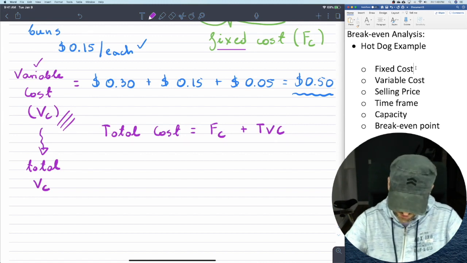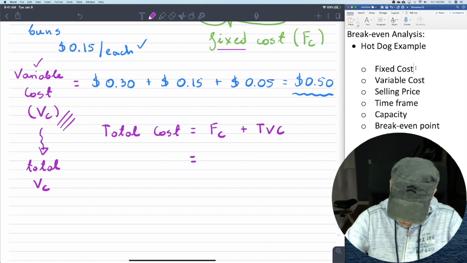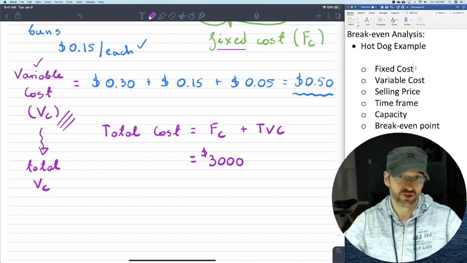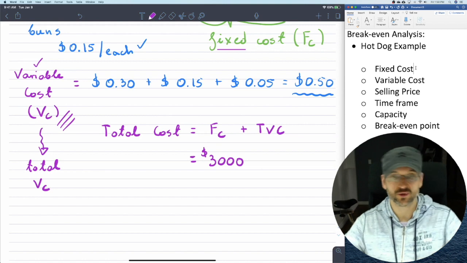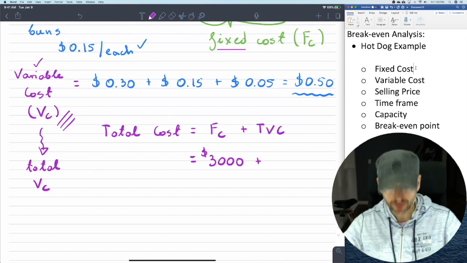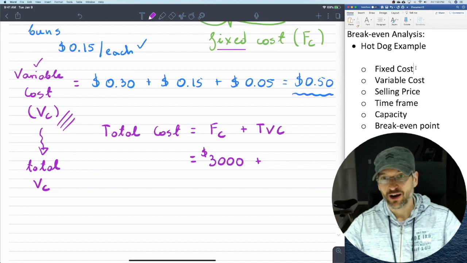Now, if I take my hot dog example, I have $3,000 as my fixed cost. That doesn't change, and remember that the time frame is just 1 month, at least for this example. Plus my total variable cost, which varies depending on how many units you sell.